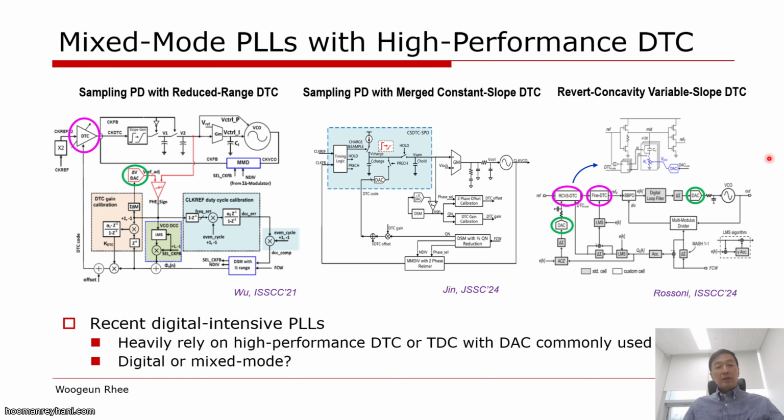We may also consider mixed-mode PLLs, which appeared in many recent papers, such as the sampling PD. But anyhow, in most mixed-mode PLLs, the performance still heavily depends on the performance of the digital-to-time converter, and the key performance still relies on some analog technique using the digital-to-analog converter or sampling PD issues.